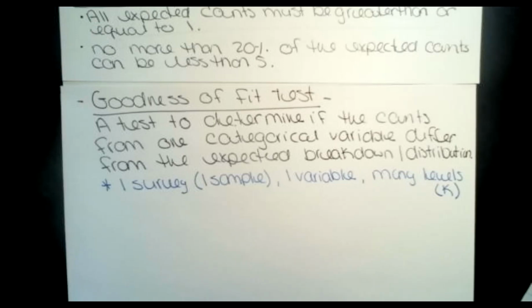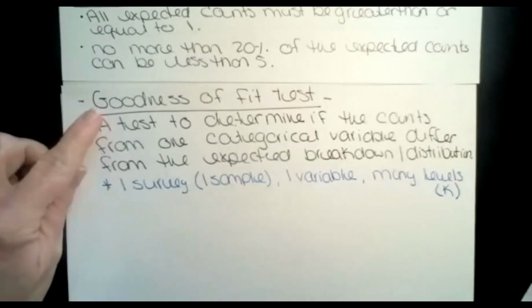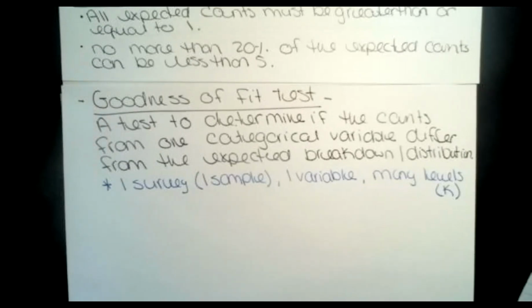I want to know whether the number of accidents on that highway is the same every day of the week. Are there more on Monday, more on Thursday? That's the kind of stuff we're going to study. So let's take a look at the complete goodness of fit test in the write-up, and then we'll walk through an example together.